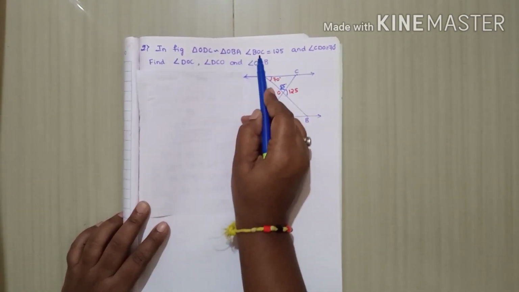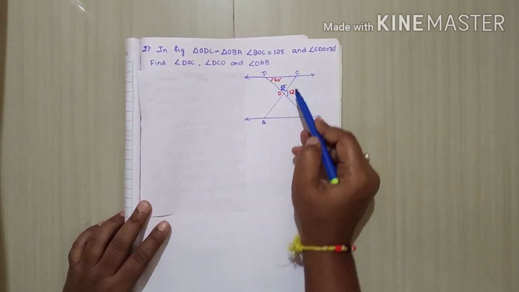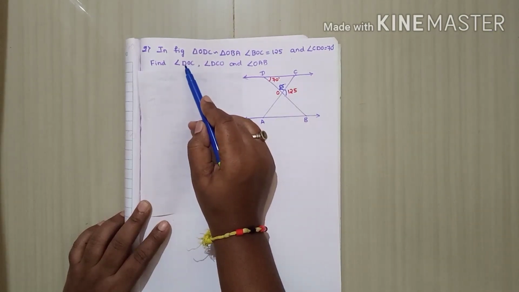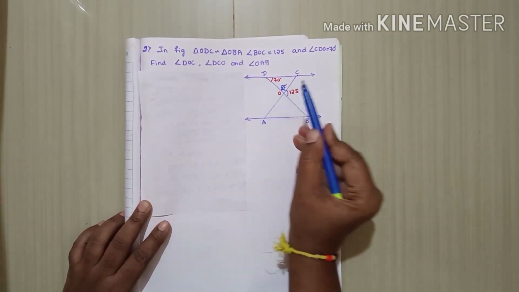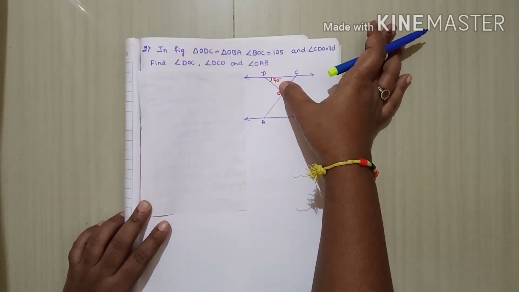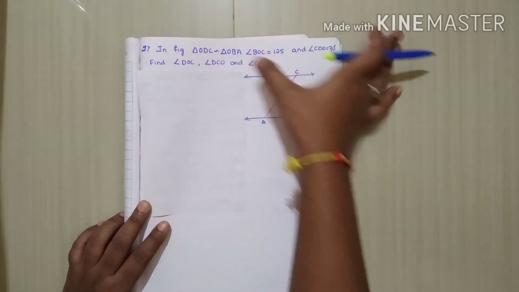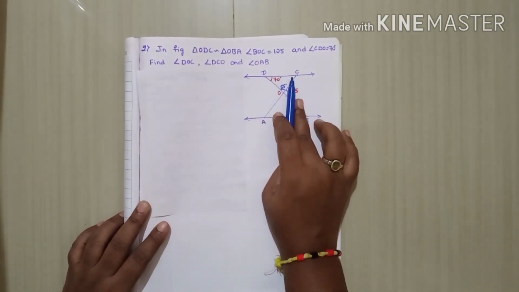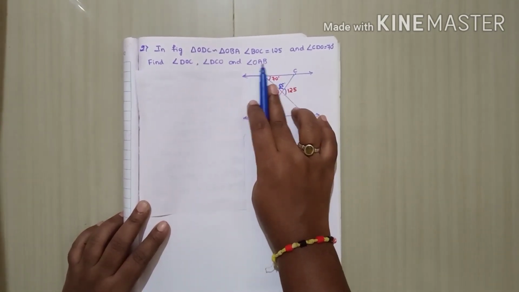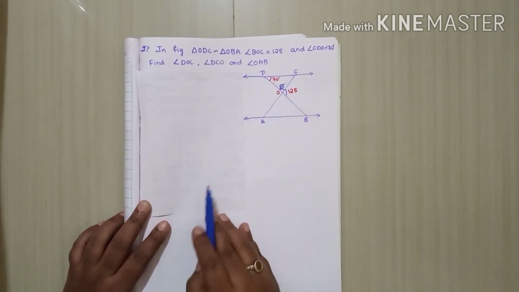What we have to find? They have given BOC also: BOC is 125 degrees. We want to find DOC. DOC they did not give. And we want to find DCO, and also OAB. OAB we have to find here.